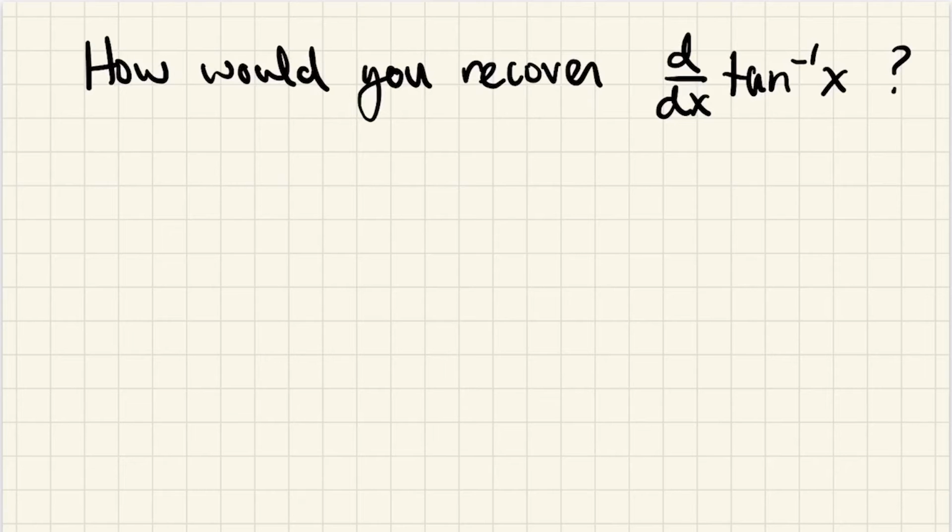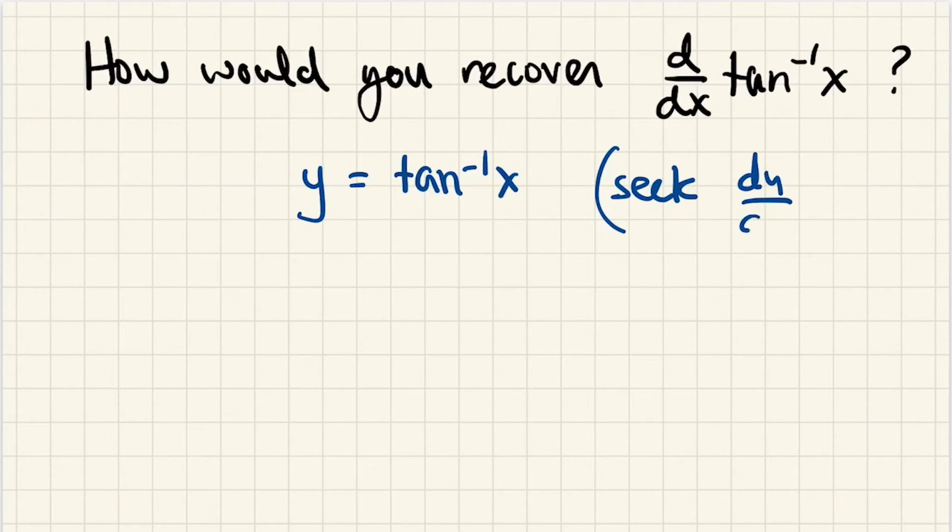All right, well, this process is very similar to logarithmic differentiation. So we want to find the derivative of inverse tangent. We pretend like we don't know it. What we're going to do is we're going to let y equal inverse tangent of x, which reframes the problem to we seek dy dx, right? We seek the derivative of y here.